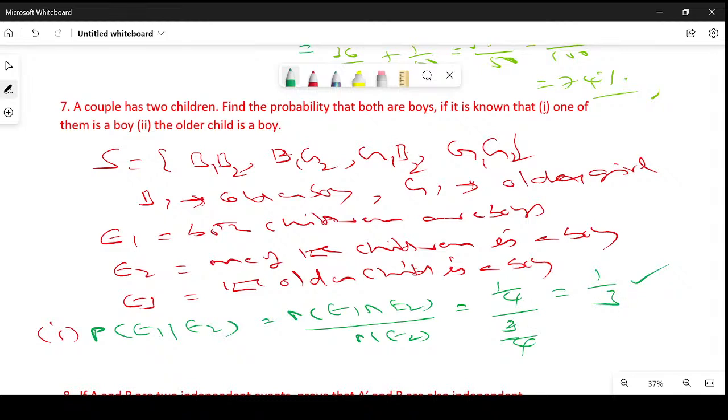Next one they are asking. Second case: the older child is a boy. The older child is a boy means they are asking here P of E1 given E3. Both children are boys, given that the older child is a boy. So you should find P of E1 by E3. Similarly, you do that.